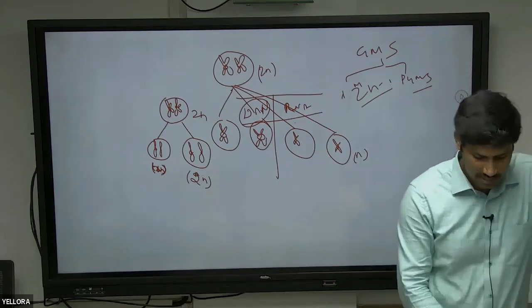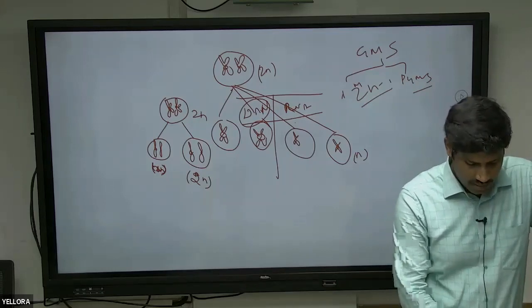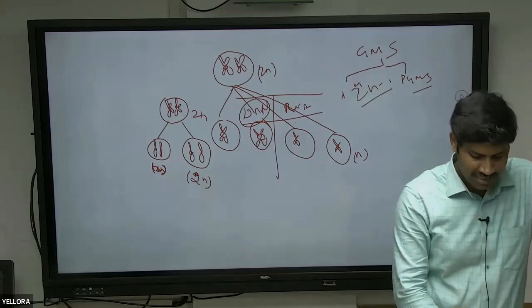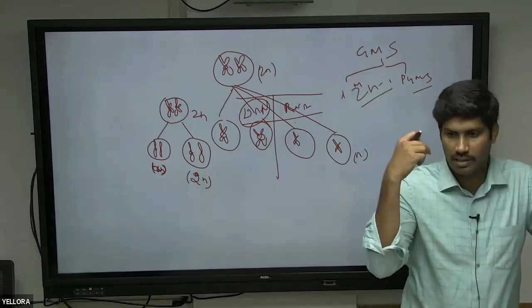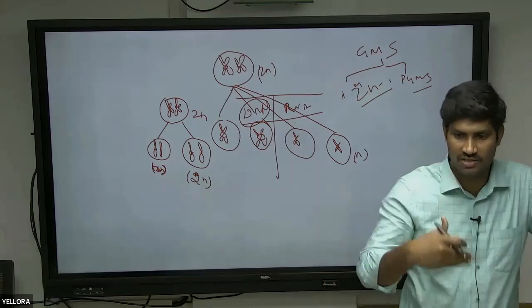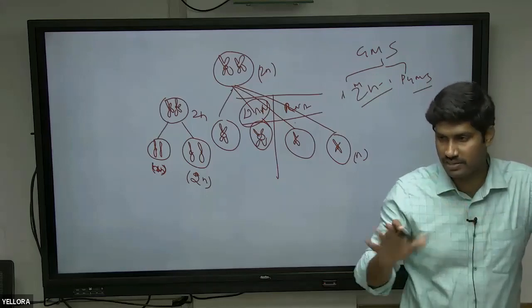So what should you do? For 15 marks, 3 pages. You can use half a page for the heritability definition and introduction part, half a page to explain types of heritability, so you have to elaborate the broad sense and narrow sense, the features of broad sense and features of narrow sense. And then the significance only 4 or 5 points, that's all.